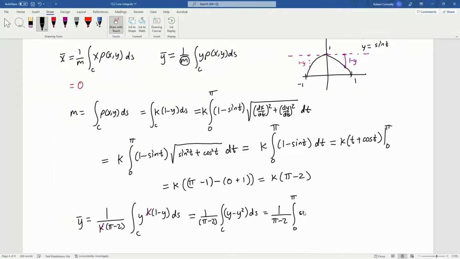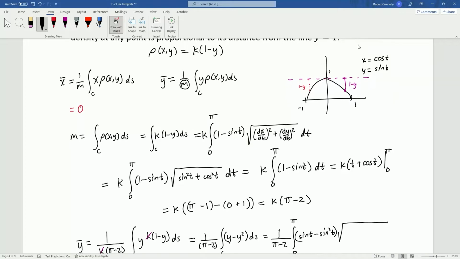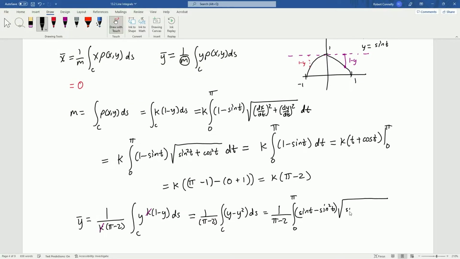Okay, y is sine of t, so we plug in sine of t minus sine squared of t times the square root of dx/dt squared, which again gives us sine squared of t plus cosine squared of t, dt.